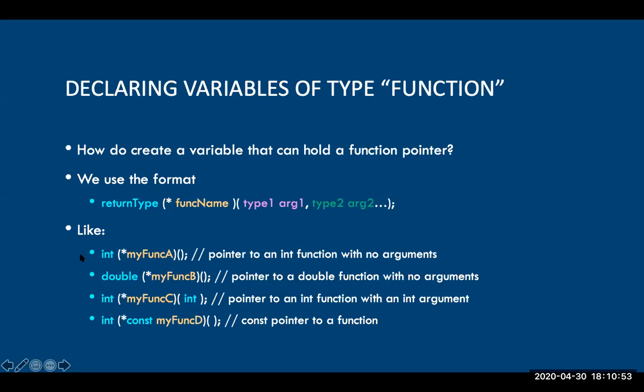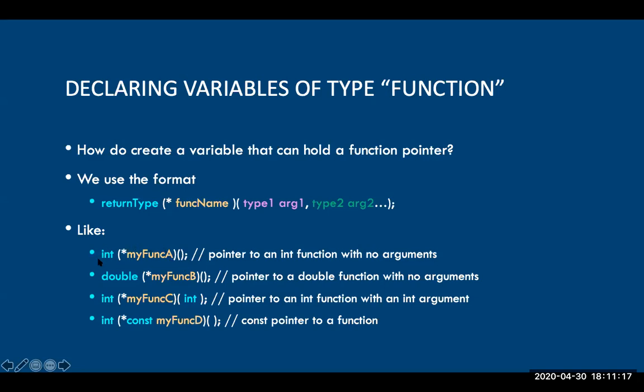So here's some examples. int (*myfunc_a)() is a pointer to a function. So myfunc_a is a generic variable that can hold a pointer to a function that returns an int, okay? So we're not creating a function here, we're creating a variable that can hold the address of a function that exactly matches this type.